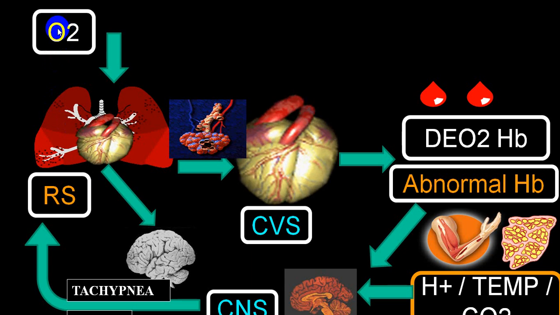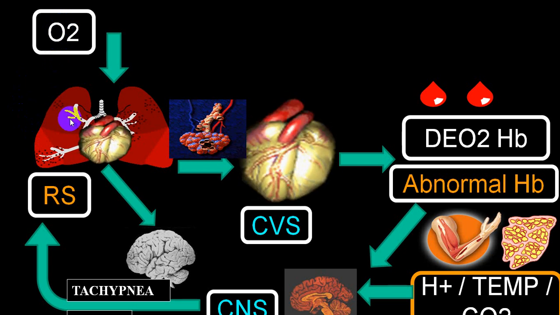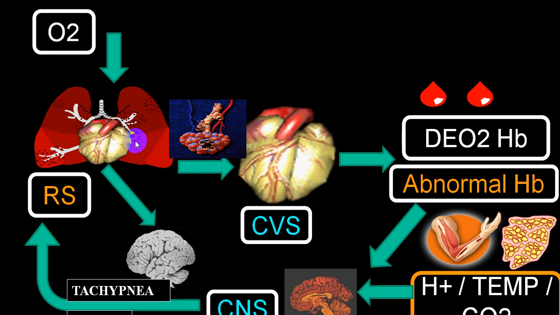Any atmospheric condition where the oxygen concentration is low, or any pulmonary condition where the ventilation is poor, and because of that the oxygenation becomes poor, and that deoxygenated blood, if it is circulated by the heart to the periphery, the person will develop central cyanosis. So high altitude, respiratory condition and cardiovascular condition will produce central cyanosis.